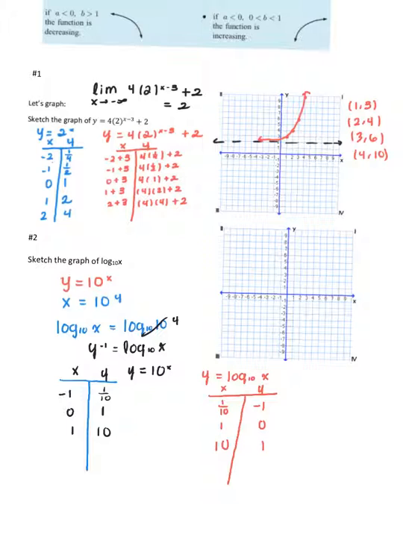And then you'll graph. So 1/10 is really, really tiny. Just gonna guess about right there. 1, 0, and then 10, 1. It's about right there, and then you're going to graph.